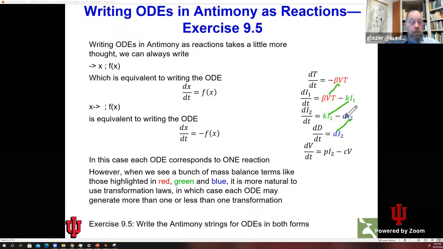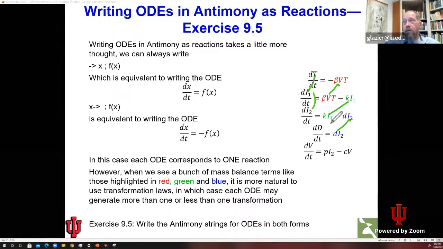In some sense, this is a cheat because it's essentially what you just did. But maybe try not looking back at what you did, but trying to do it again, just looking at the ODEs. And again, the key thing here is to look for balance terms like this one to this one and this one to this one. And remember that that means that you have an arrow going from T to I1.